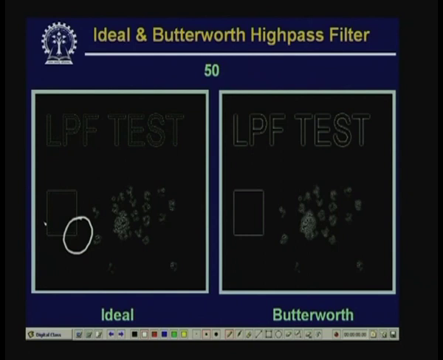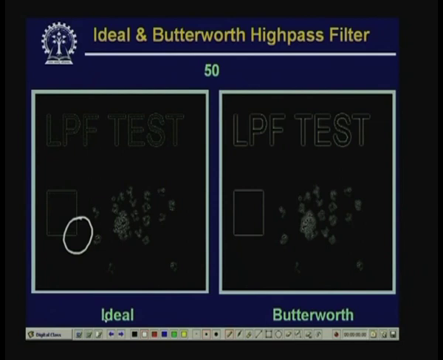Again, this is a Butterworth filter of order 1. If I go for higher order Butterworth filters, that also may lead to ringing effects. Whereas the Gaussian high pass filter does not lead to any ringing effect.